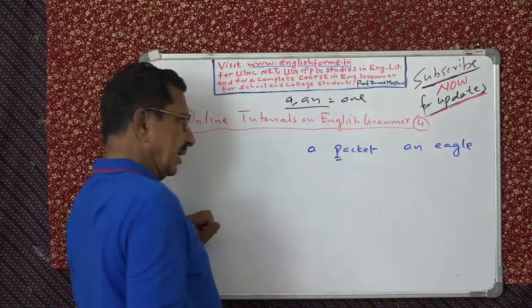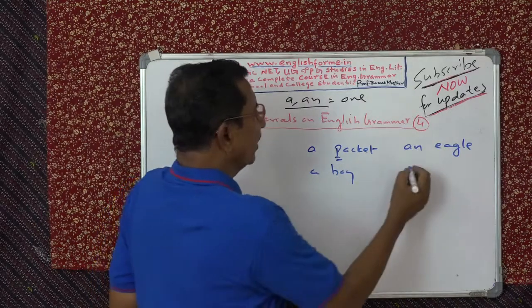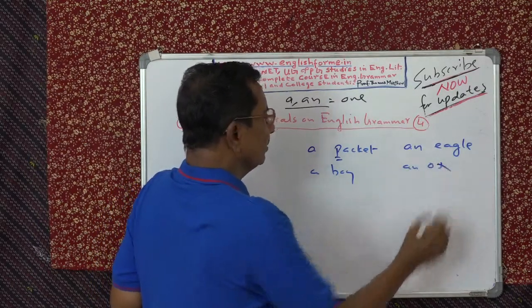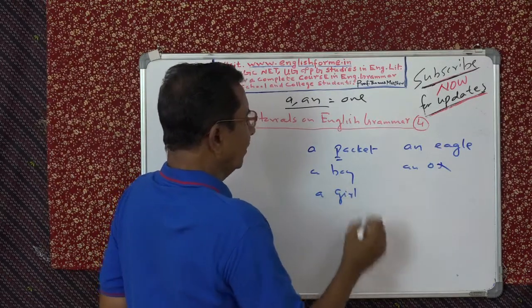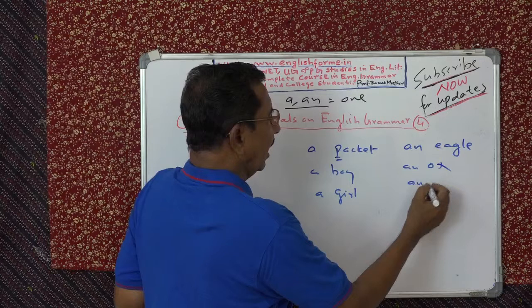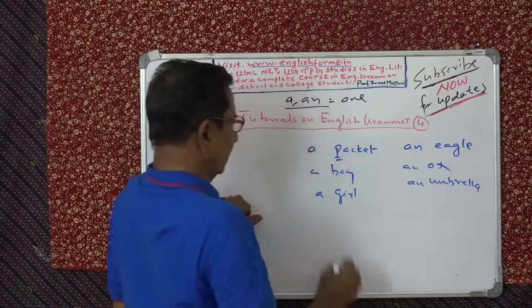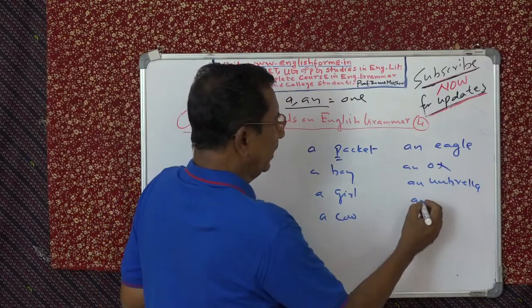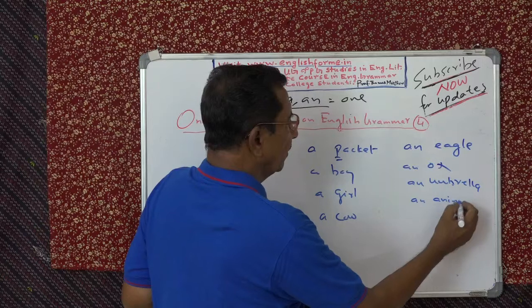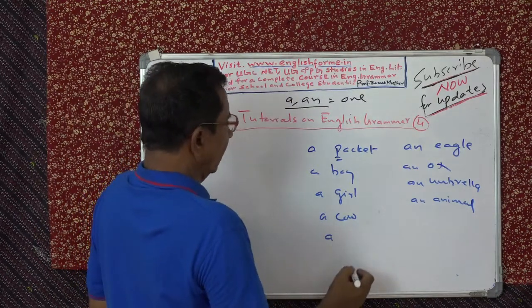Say that, an eagle. A boy. But an ox. A girl. But an umbrella. Understand? A cow. But an animal. A woman.